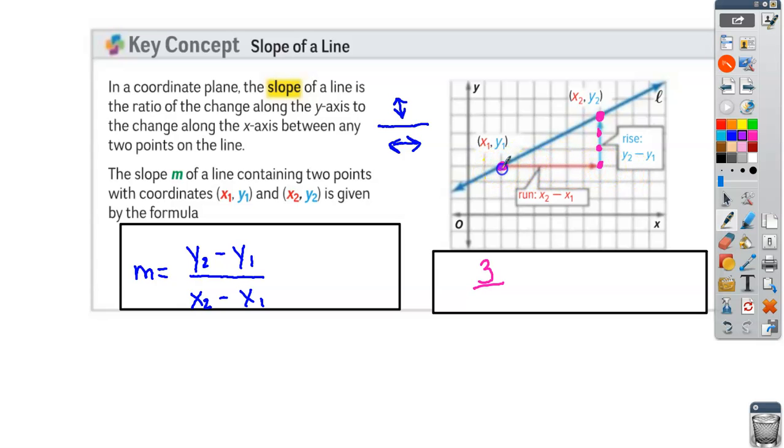So we'll start at our point and count how many we move over. 1, 2, 3, 4, 5, 6. So our run is 6. If we were to simplify 3 over 6, we would get a slope of 1/2. So this is the difference in the y, the up and down. This is the difference in the x, which is the side to side.